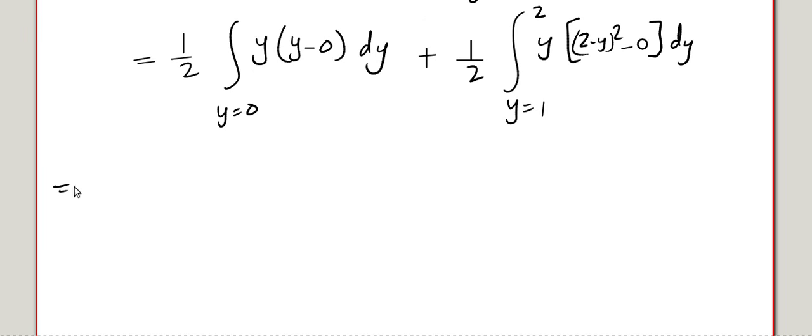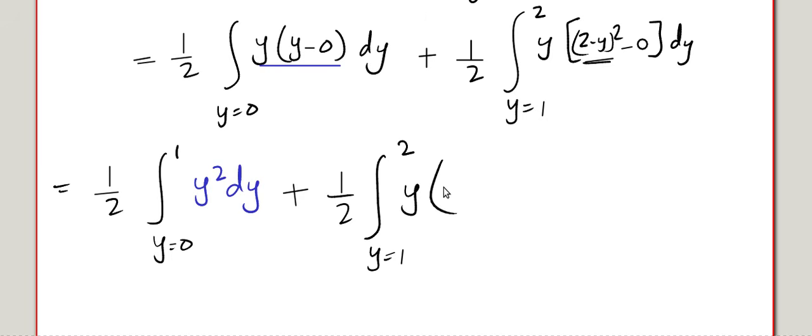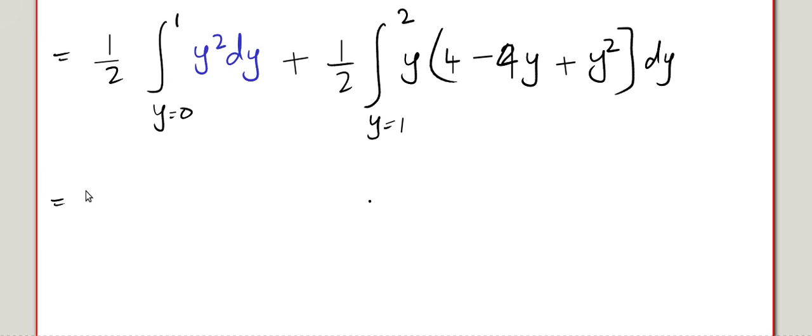Now time to simplify. 1 by 2 integral y equal to 0 to 1, this will be y square dy, plus 1 by 2 integral y is equal to 1 to 2 y into 2 minus y the whole squared, 4 minus 2 into 4y plus y squared, and that will be 1 by 2 integral y equal to 0 to 1 y squared dy.